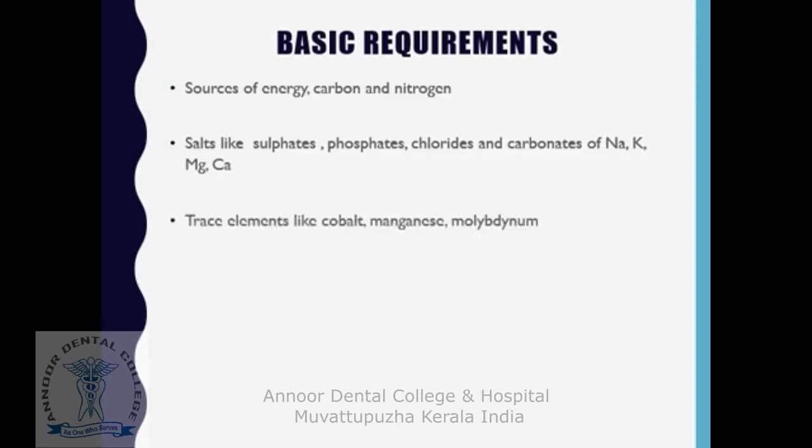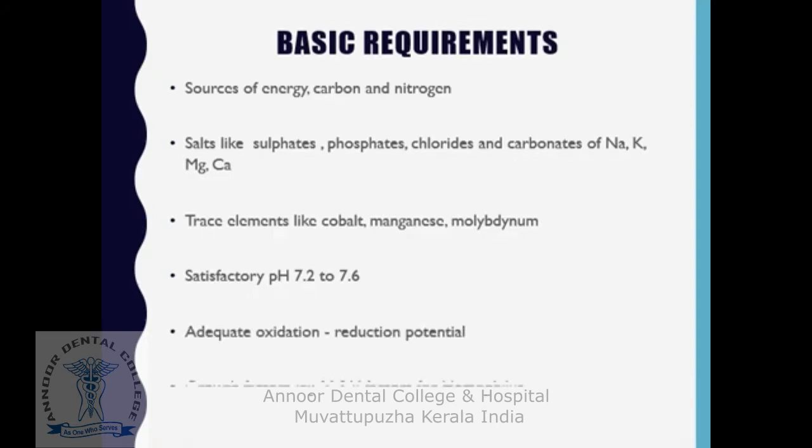Trace elements like cobalt, manganese and molybdenum. A satisfactory pH, that is slightly alkaline pH 7.2 to 7.6, which is the most optimum pH for most of the pathogenic bacteria. There should be adequate oxidation reduction potential, and some bacteria require some special growth factors.